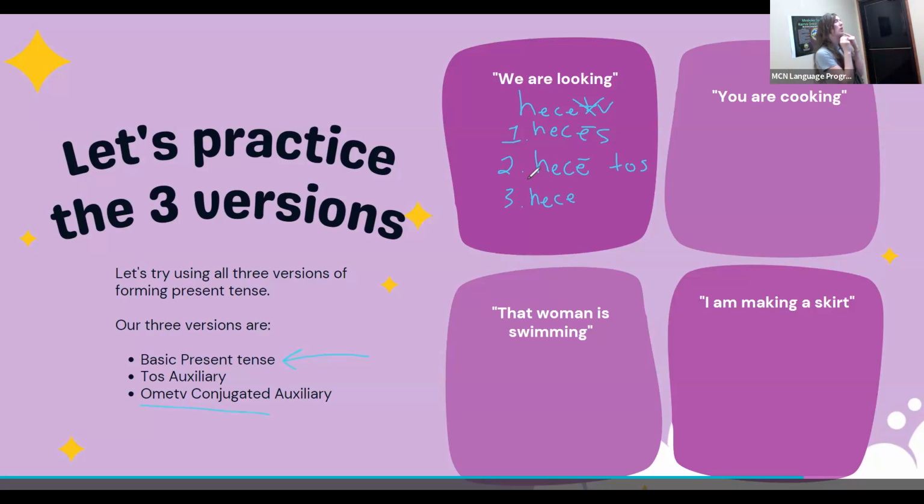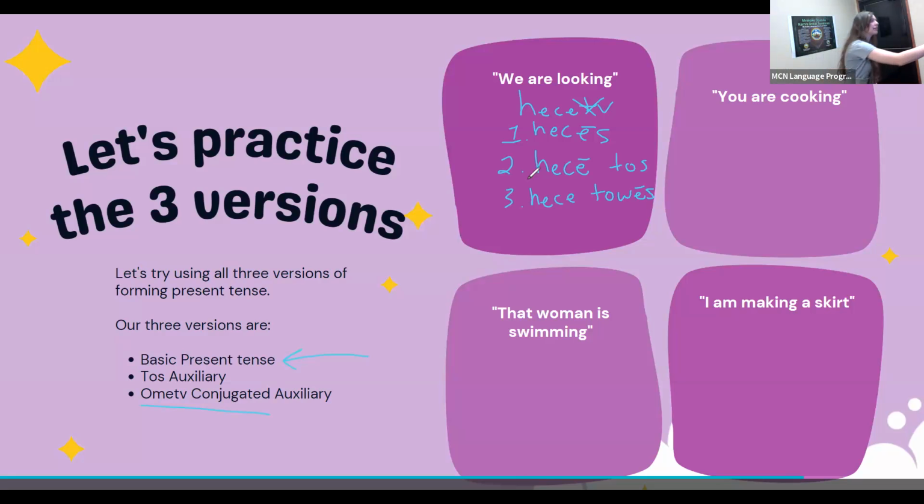So what's the we form of omida? Should I start with that T and that O? Do. Has the same mouth shape as we. Do. We. Dois. Hiji dois. So we have all three versions right there. Hijis. Hiji dos. Hiji dois.